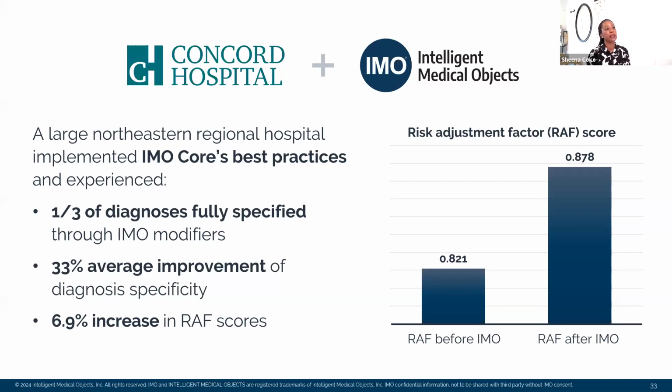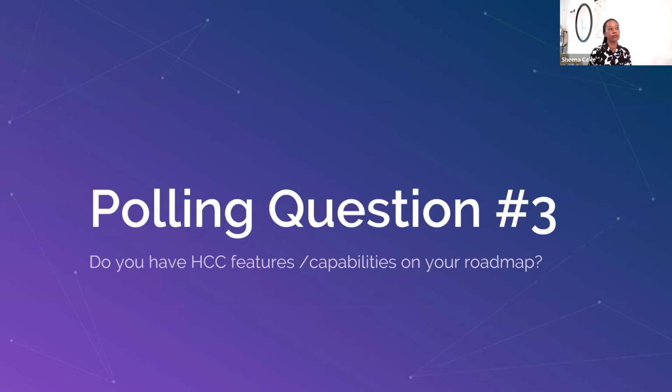So here's a study conducted by a site that implemented IMO Core and experienced a 6.9% increase in RAF post-implementation. This was attributed largely to a marked improvement in diagnosis specificity, upwards of 33%. And we'll dive a little bit more into the impacts of optimized coding and specificity at scale. But for now, I'll hand things over to Jordan for the next poll.